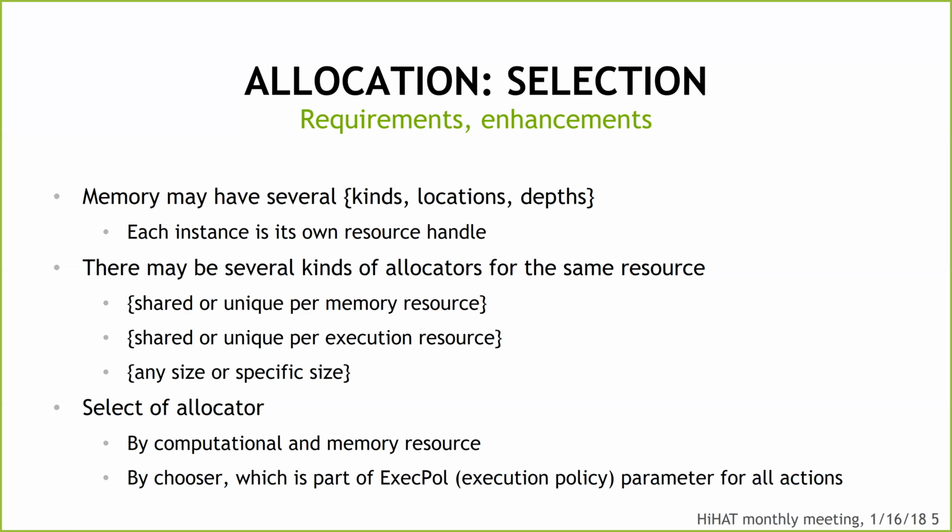So there's sort of multiple stages of where you want to make these kinds of decisions, right? So when you're writing the code, you want to make a fairly loose association.